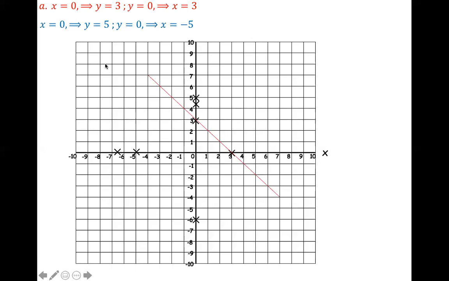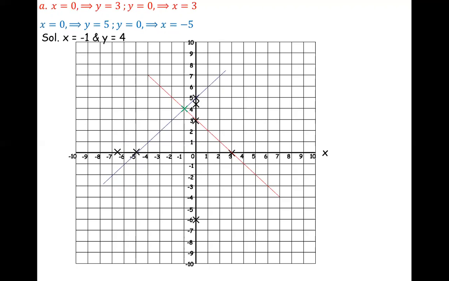Do the same for the other one. 0 and 5, and -5 and 0. Draw the second line. And where the two lines meet is where my intersection is, and that's the solution to this. So when we're asked to solve this graphically, the solution is x equals -1, y equals 4.